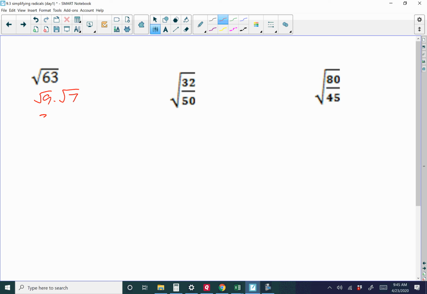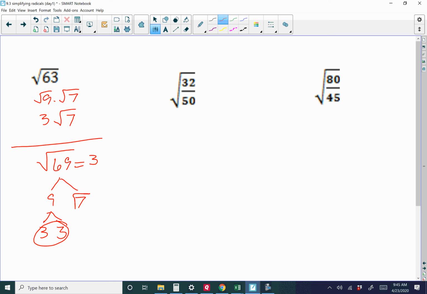Square root of 9 is 3. If you want to do that using a factor tree, square root of 63, 9 and 7, 3 and 3, that's a pair. 7 is not.